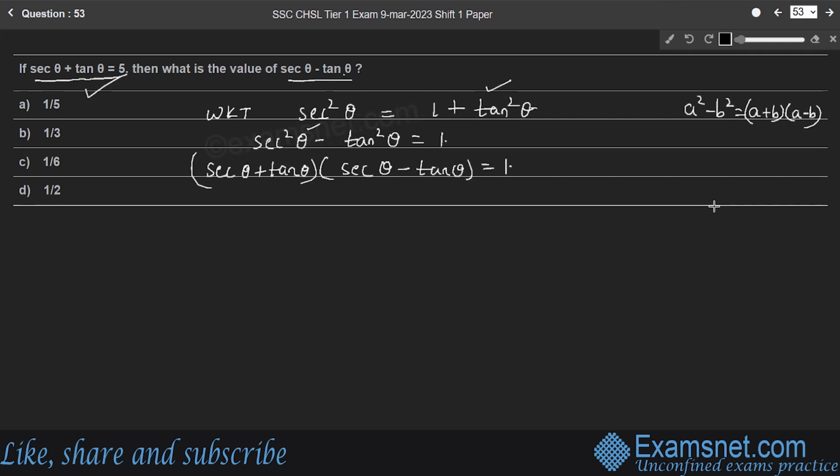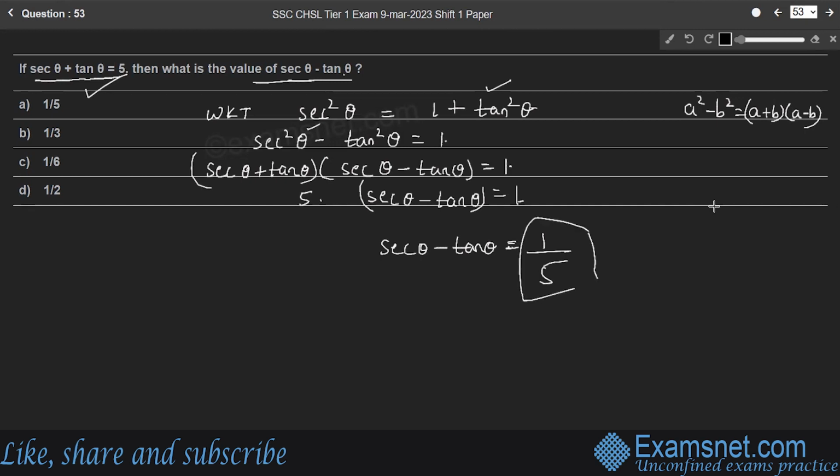It is given that secant theta plus tan theta is 5. Therefore, we can write 5 into (secant theta minus tan theta) is equal to 1. So the value of secant theta minus tan theta is equal to 1 by 5. Therefore, option A is the right answer.